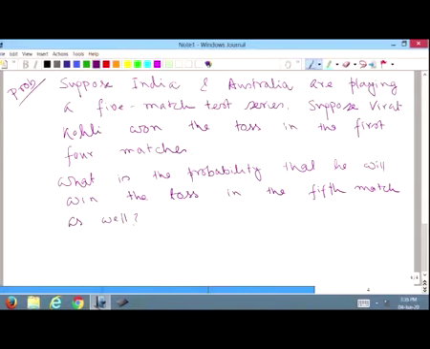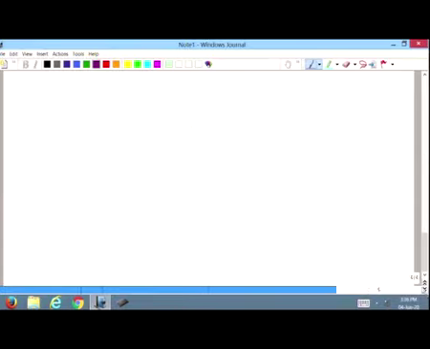So, that is the question, and let us put it in an MCQ mode. Option A is 1, option B is 1/5, option C is 0, and option D is half.